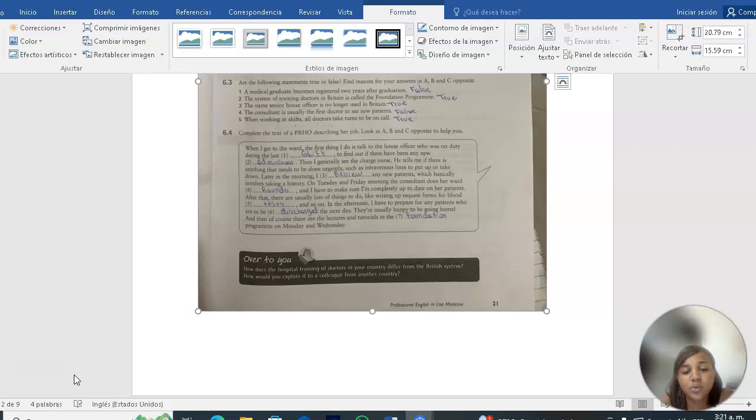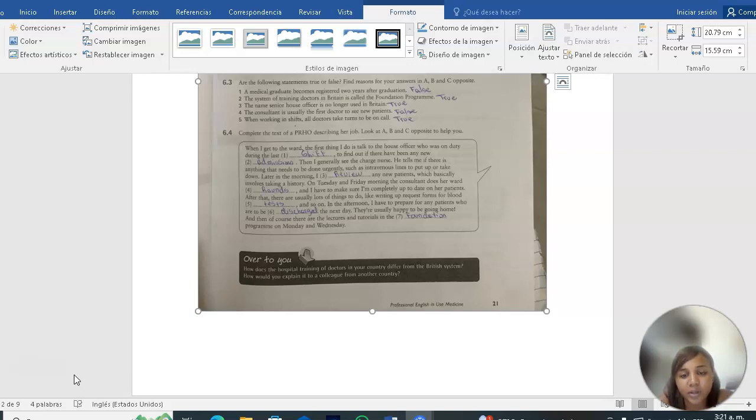On Tuesday and Friday morning, the consultant does her ward rounds. I have to make sure I'm up to date with the data on her patients. After that, there are usually a lot of things to do.